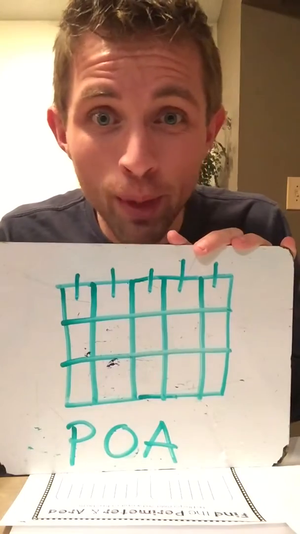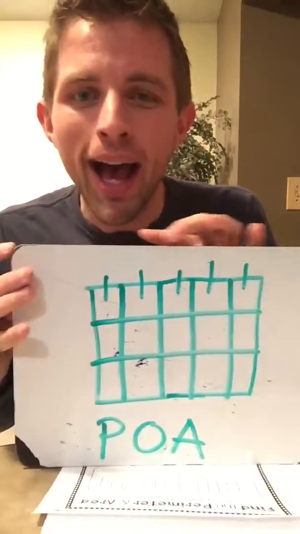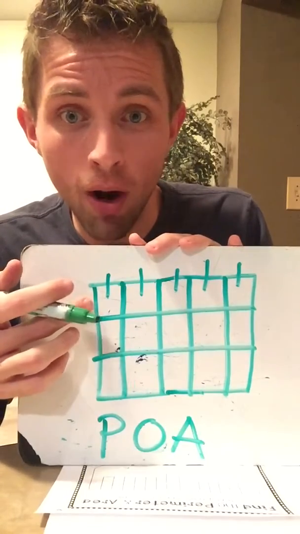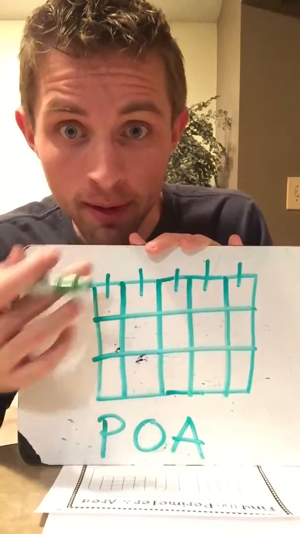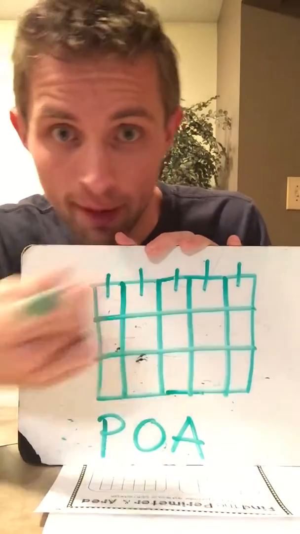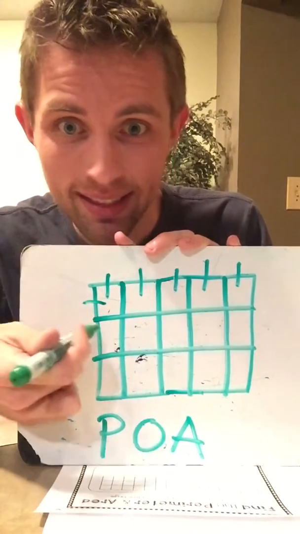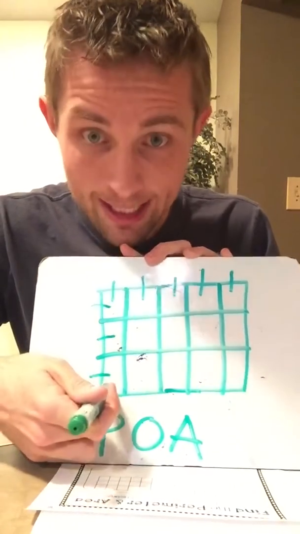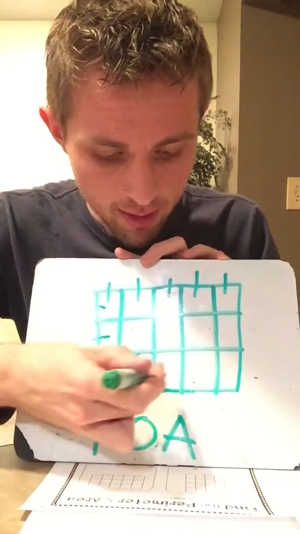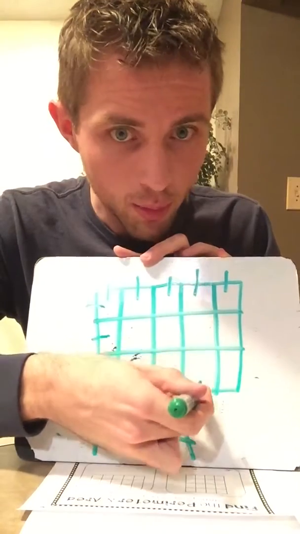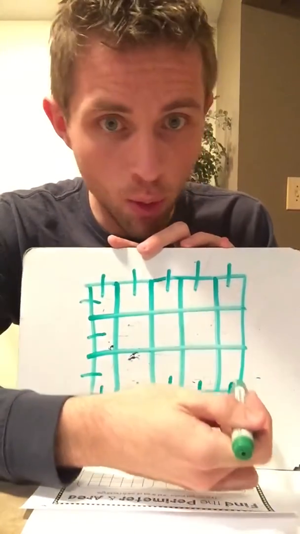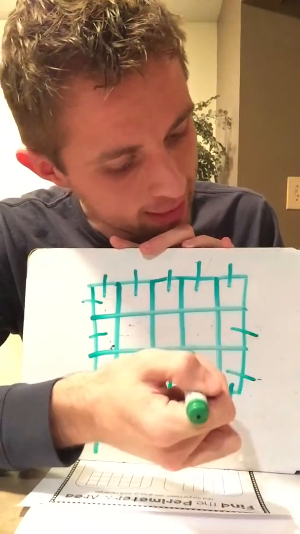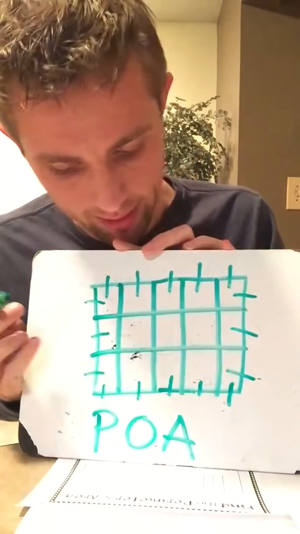I get my lengths and widths confused sometimes. And so this corner block is still part of the length and it's part of the width. So we have to go 5, right? 5, 6, 7, 8, 9, 10, 11, 12, 13, corner block, 14, 15, 16.